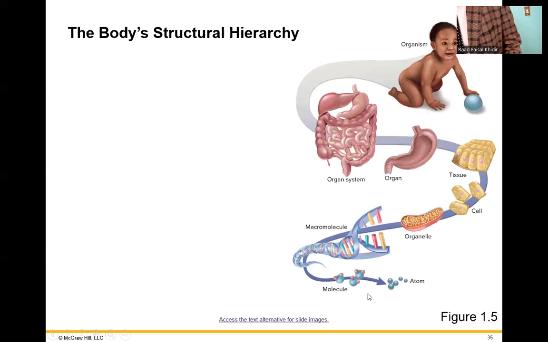So you see we have atoms that together give us molecules, and molecules give us organelles, and organelles build up cells, and cells give us tissue, and the tissues give us organs. Then we have organ systems, and lastly, we have organisms. And many organisms give us a population. Very good.